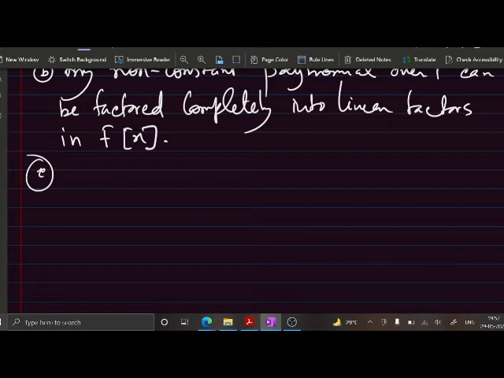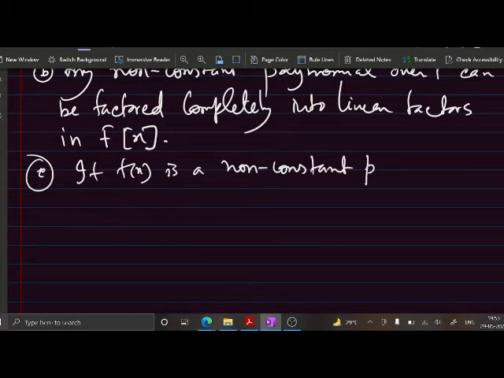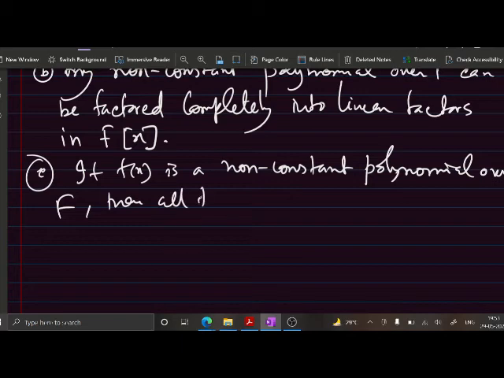Number 3: if f(x) is a non-constant polynomial over F, then all the roots of f(x) belong to F.